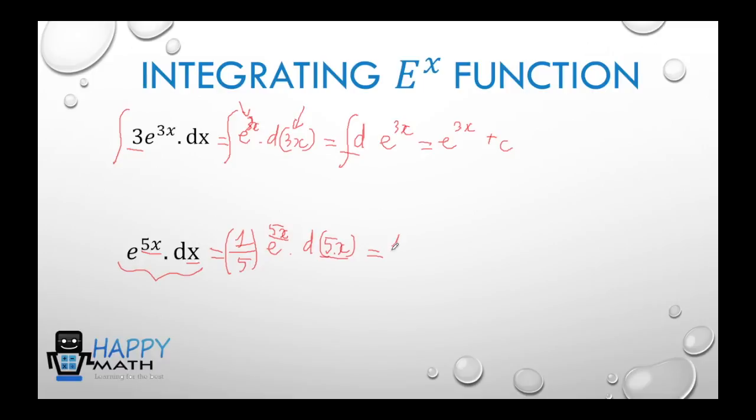So I can change the function from outside the derivative, I mean the left of the derivative, to the inside of the derivative, or the right of the derivative. So 1 over 5 d of e power to 5x, which becomes d of e power to 5x over 5.